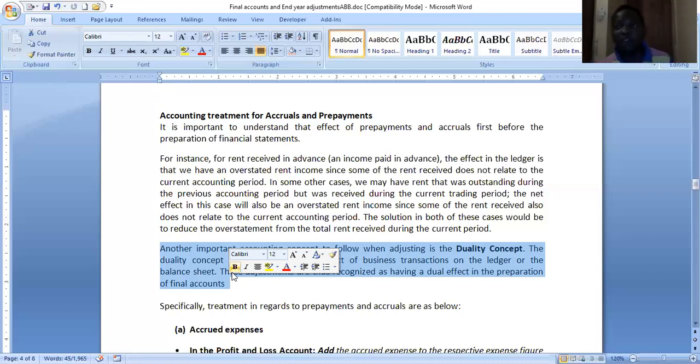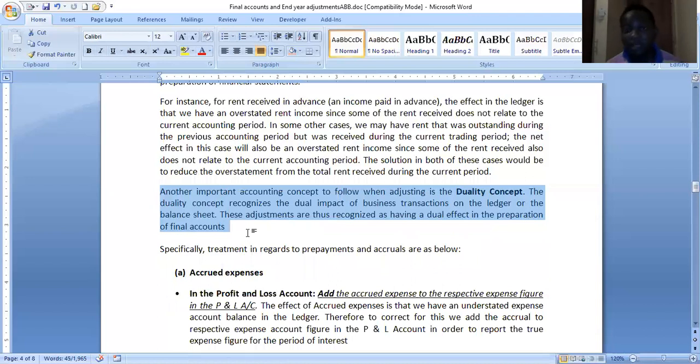Each adjustment has to be made twice, so that in the end our trial balance will balance and also our balance sheet will balance. The same case will apply to these accruals and prepayments. They shall have to be adjusted for twice in the financial statements in order for us to have a balancing balance sheet.